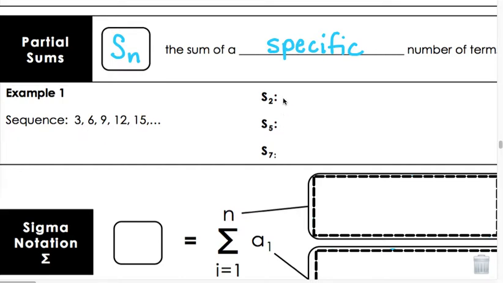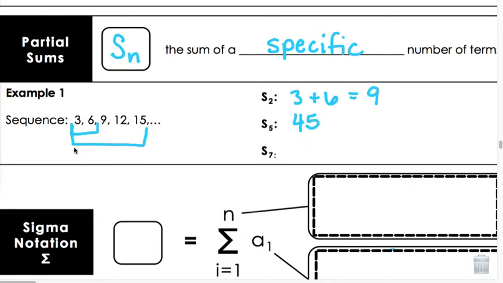So if we're looking for the partial sum S sub 2, we're looking at the first two terms. So 3 plus 6 will give me 9. Then if I'm doing S sub 5, I'm looking at the first 5 terms and adding those up, which will give me 45.